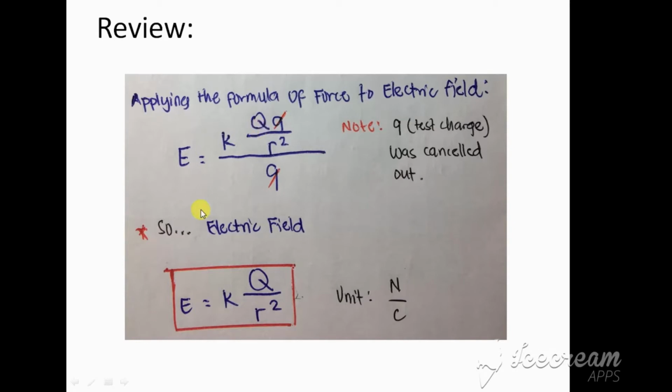So the formula of electric field is now E equals Coulomb's constant times point charge over the distance squared. And the unit is Newton per Coulomb.